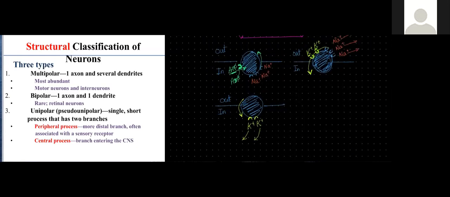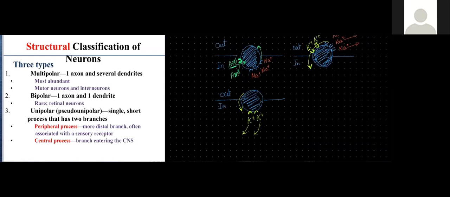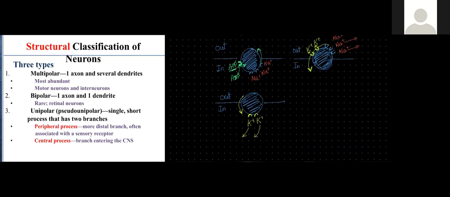What maintains the ion concentration this way? What keeps the sodium at high concentration outside of the cell and keeps the potassium at high concentration inside of the cell is going to be my sodium potassium ATPase.